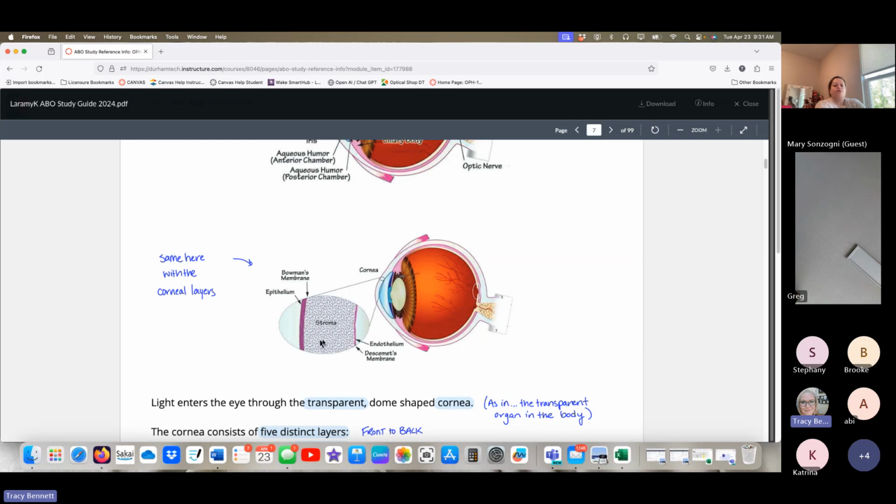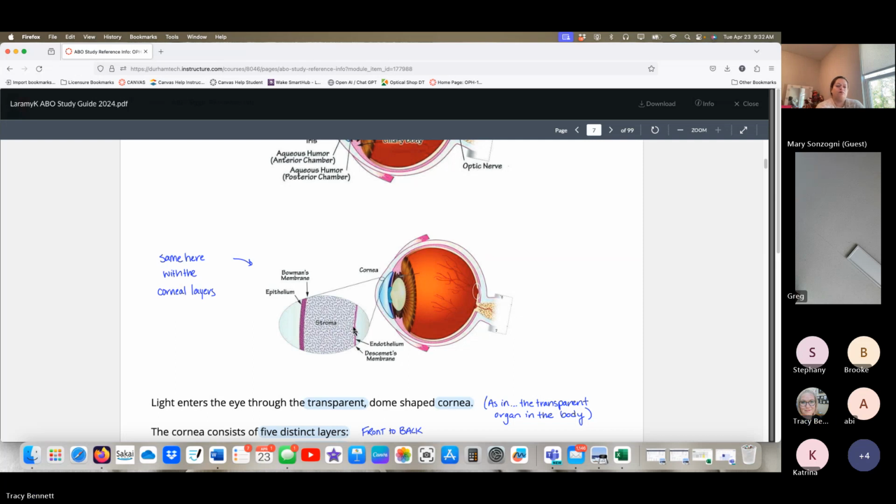The stroma is the thickest part, where you've got the nutrients and little fibers that need to stay in the same alignment so that it continues to be clear. When they get out of alignment because of either too much water or not enough water, that's what causes edema and blurry vision, which is pretty common.